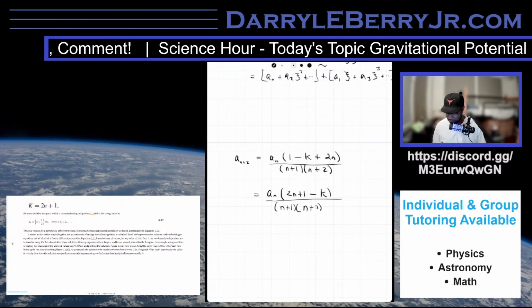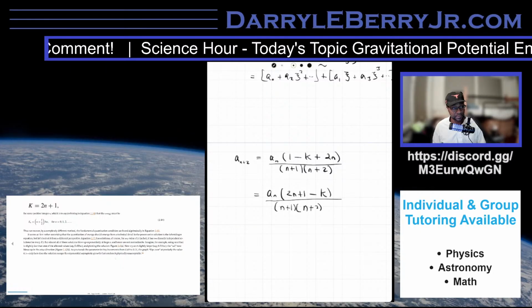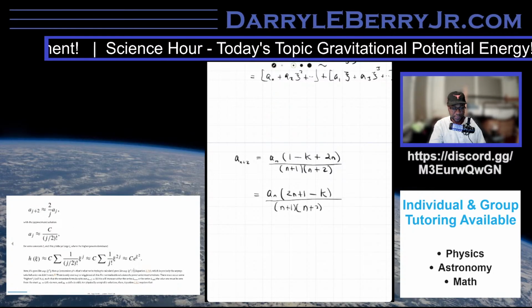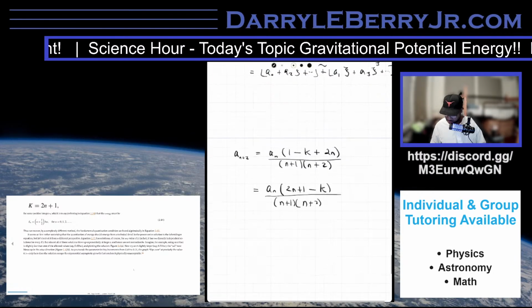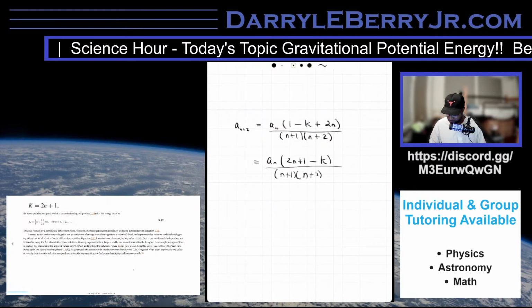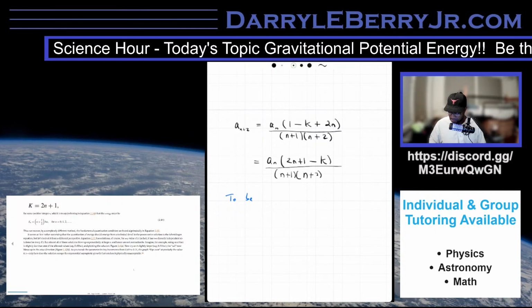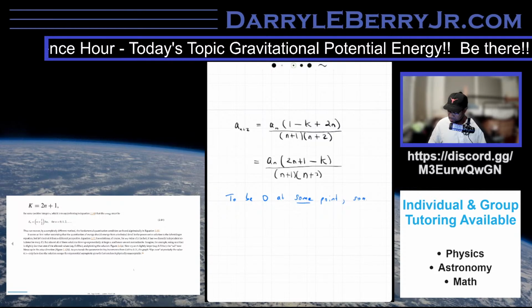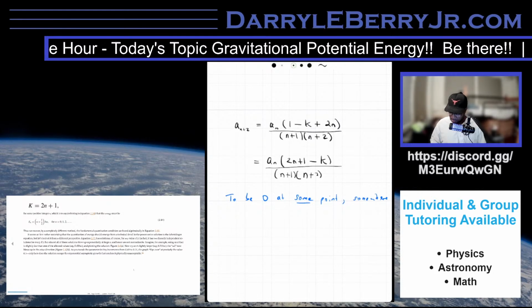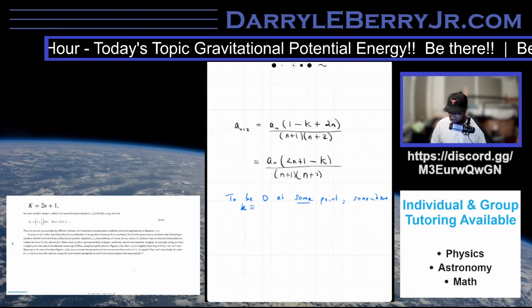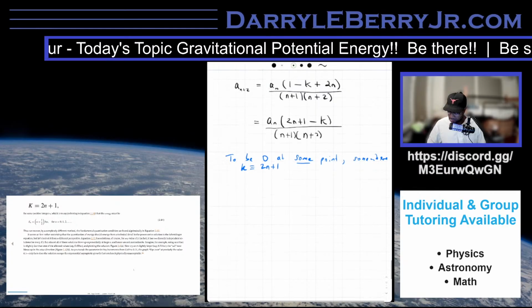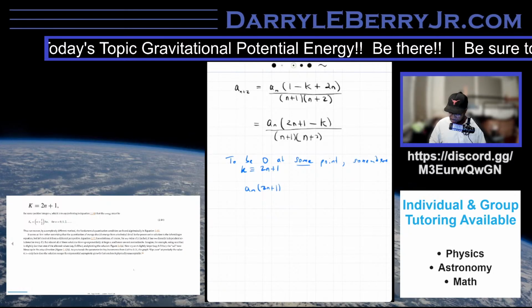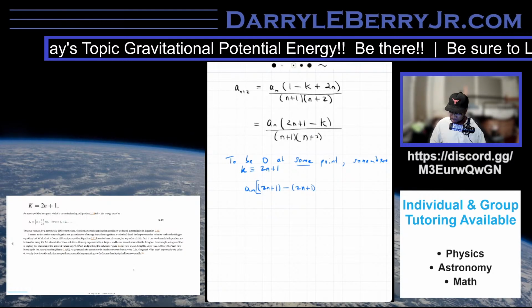And they're saying that for some n, so basically in order for this to be 0 at some point, somewhere, k must equal 2n plus 1, which means that a n times 2n plus 1 minus 2n plus 1 equals 0.